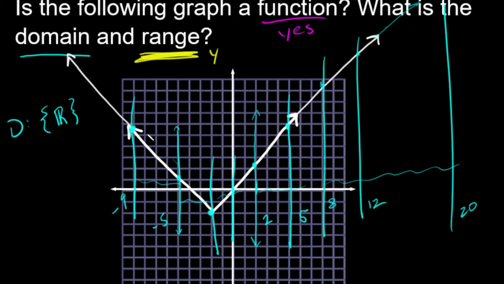Now, imagine if the function, the graph, was infinitely spread out, like if it went on forever and ever. For the y's, for the range, instead of thinking about x values making vertical lines, we're thinking about y values making horizontal lines.